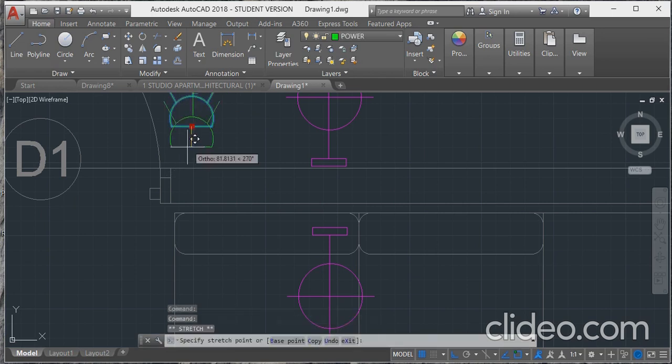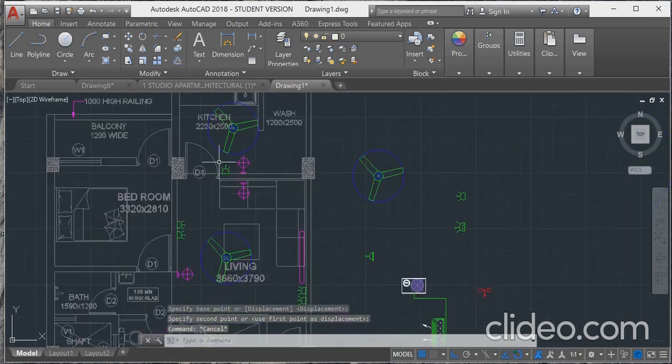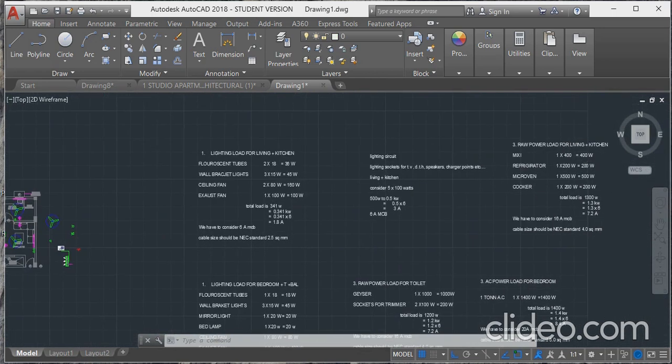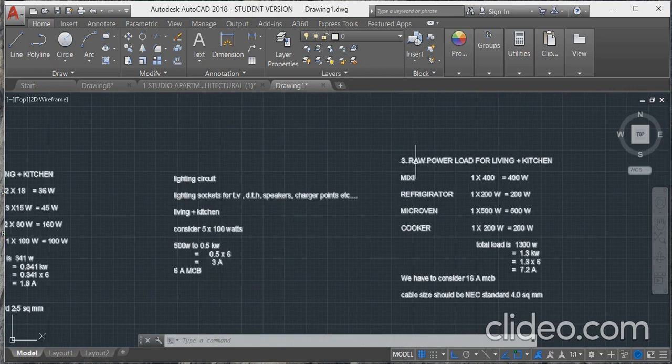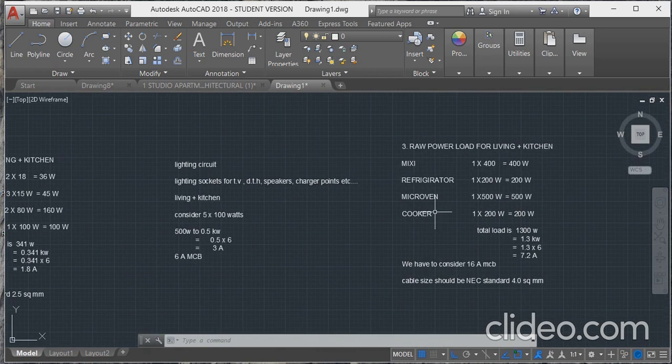The second step is completed, and now the third step is raw power load for the living room plus kitchen room. In the kitchen we have a mixie, refrigerator, microwave oven and cooker available. The loads are: mixie 400 watts, refrigerator 200, microwave 500, cooker 200.